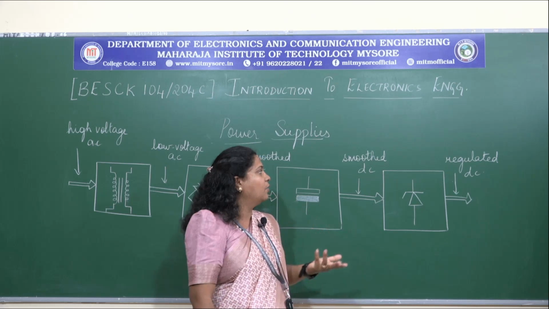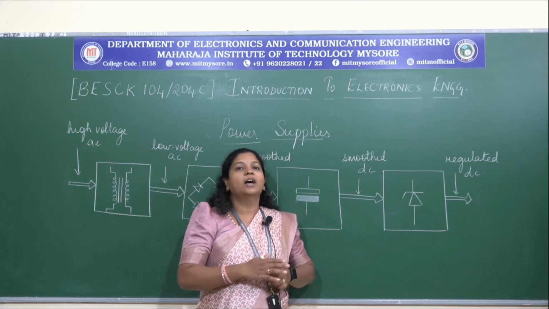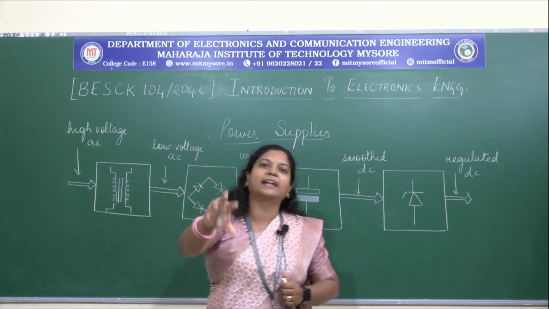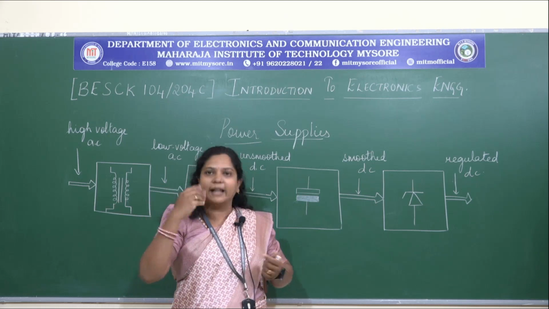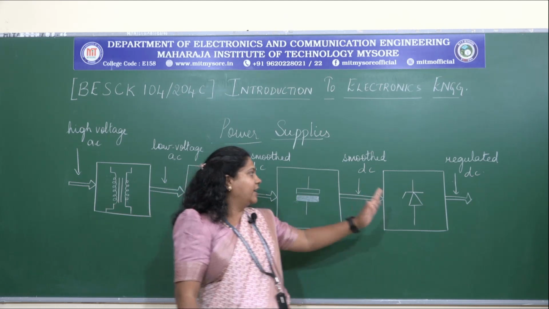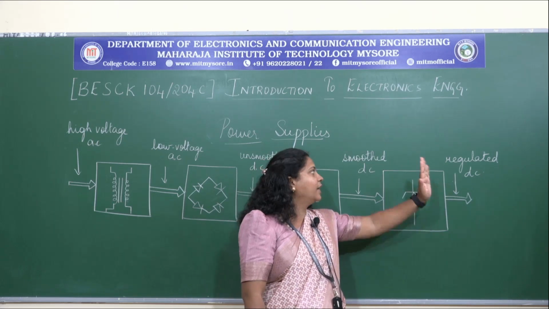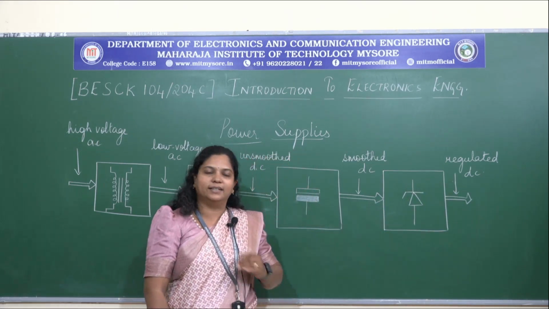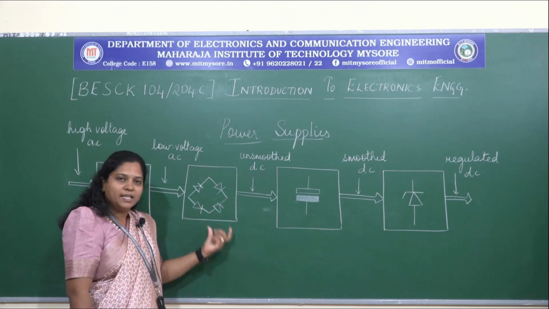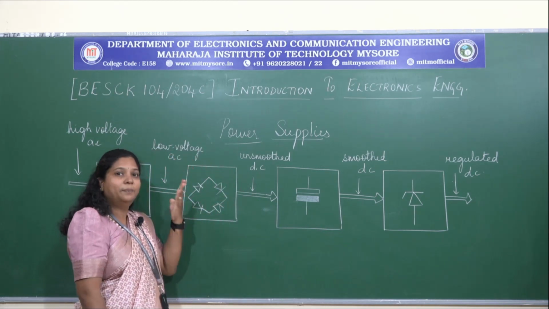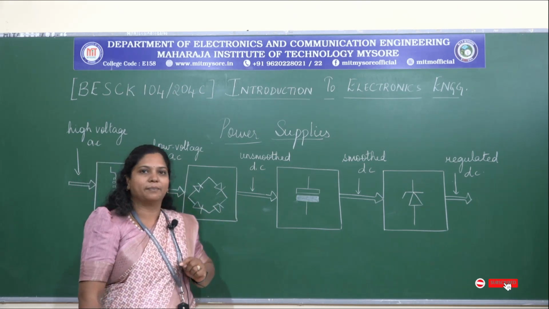This Zener diode is going to help us regulate the level of voltage, up to the level that is exactly required for that particular application or appliance. So then we are going to get a regulated DC power. So this is the block diagram which shows the principal components that we are going to make use of for a power supply.